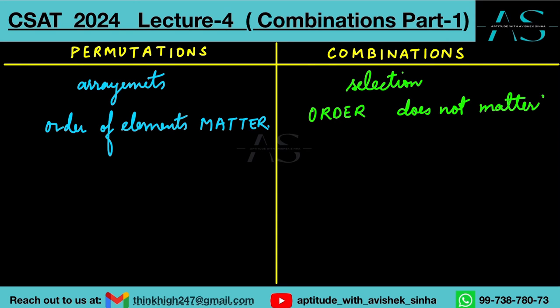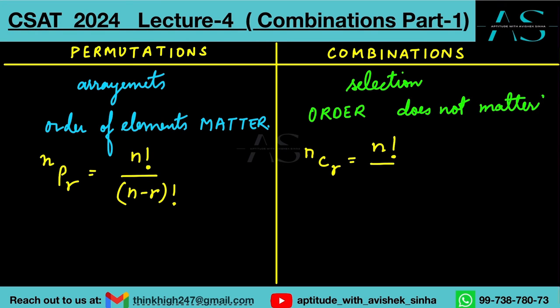Now, what are the formulas? The formula for permutation is simple, nPr. And how do we break nPr? n factorial upon (n minus r) whole factorial. And when we talk about combination, it is nCr. And when we break nCr, it is n factorial upon (n minus r) whole factorial into r factorial.